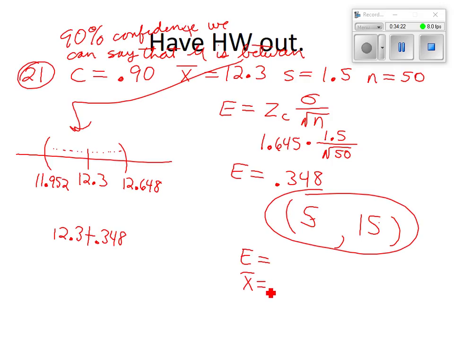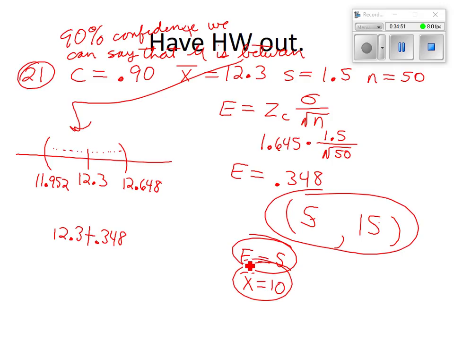To figure out X bar, we add them together, what's 5 plus 15? 20 divided by 2, so X bar would have to be 10. To figure out E, we subtract them, 15 minus 5, 10 divided by 2. So our margin of error there would be 5. Which is the same as what we did just a little bit earlier, right? Right.